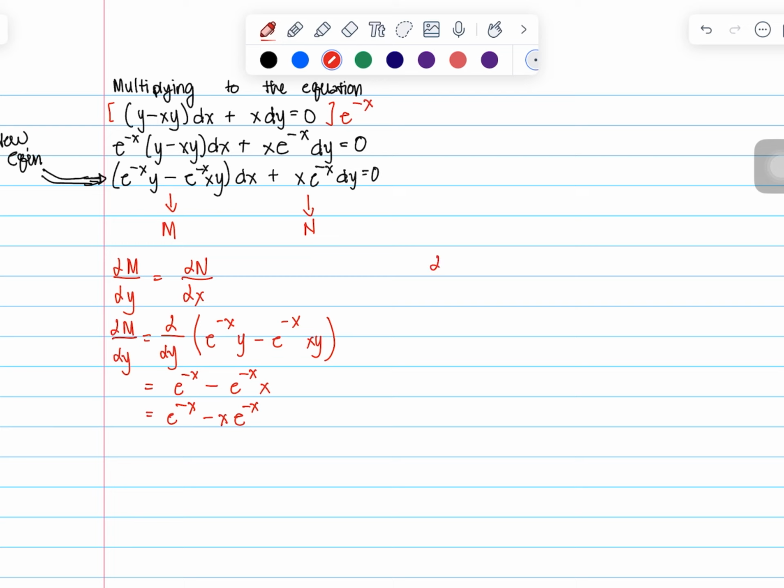How about the second one? The derivative of n with respect to x. So n is basically x e to the negative x. This needs the product rule.